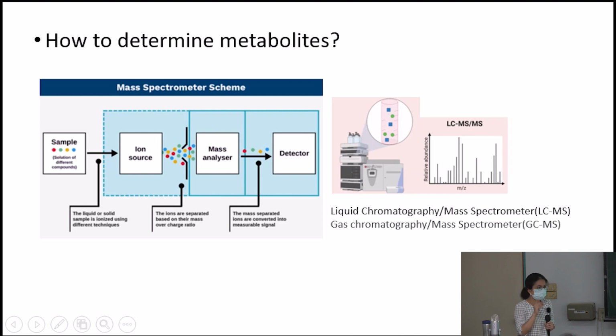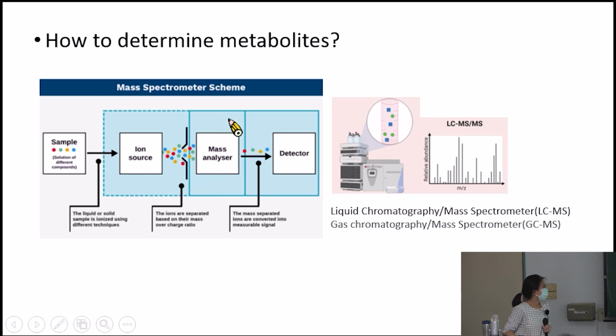Okay. So the first step, the metabolites will be ionized. If the sample is ionized in the ion source, the metabolite will get charged, so it will become a charged ion. When this charged ion is formed, we can use different forces to separate it.